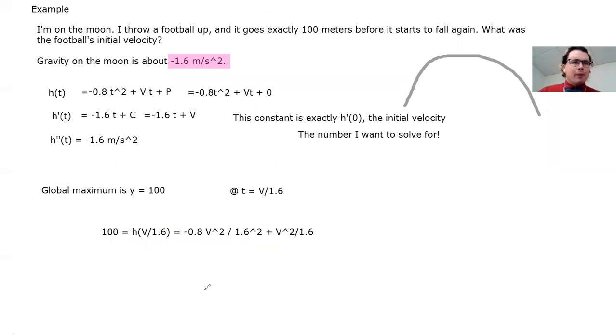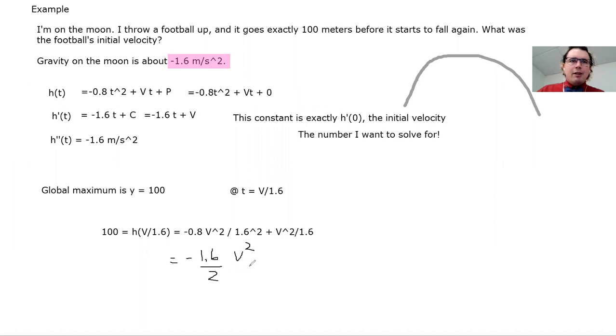That's kind of funny. Let me write this out to show the division a little bit better. So I've got negative 1.6 divided by 2. I'm just unpacking that 0.8 there.